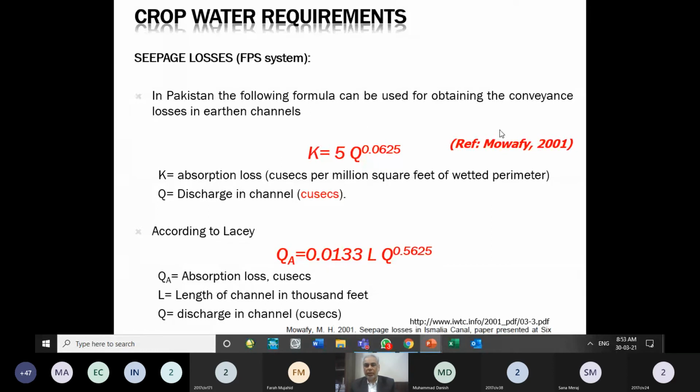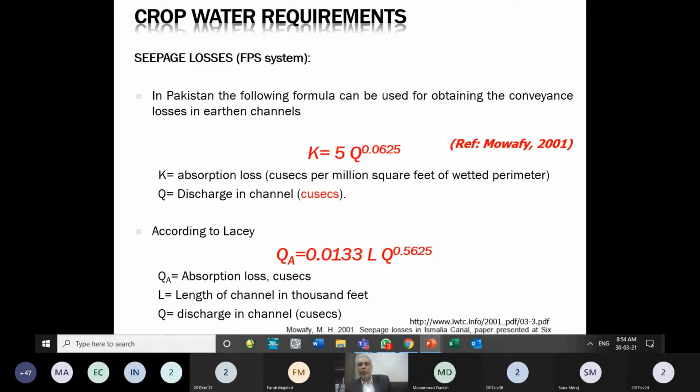Another formula which is available in the literature is given by Muffe, and the reference is given over here. They say that losses are per million square feet of the wetted perimeter. So K is loss in cusecs per million square feet of the wetted perimeter. What does it mean?